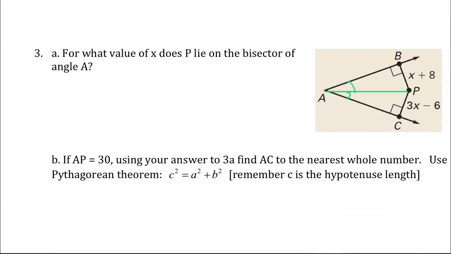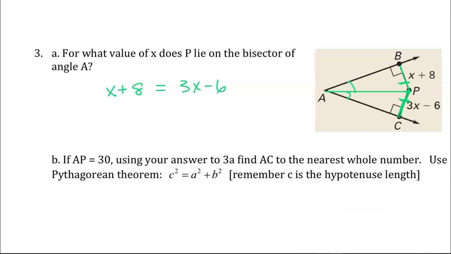That will only happen if when I draw a perpendicular line from here to the angle side and from here to the angle side, these pieces are going to be equal if and only if P is on the angle bisector. So x plus 8 has to equal 3x plus 6, because they want to know what x makes that true.